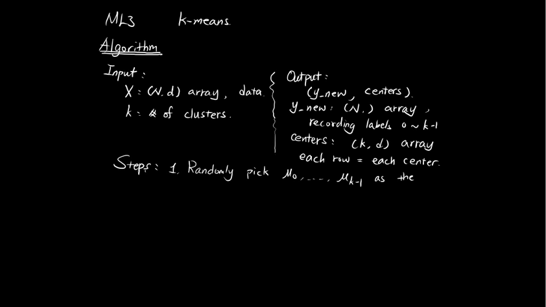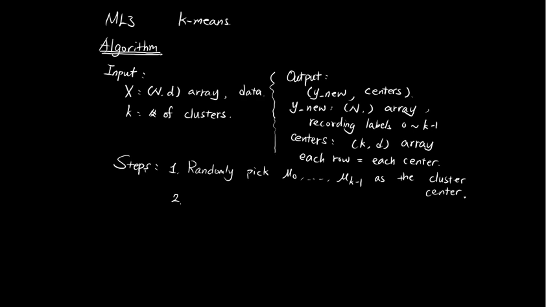So let's just randomly pick some points as the cluster centers. And secondly, now we have the centers. Obviously these centers are not going to be optimal. They are not going to be good.